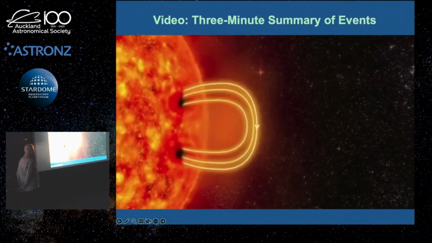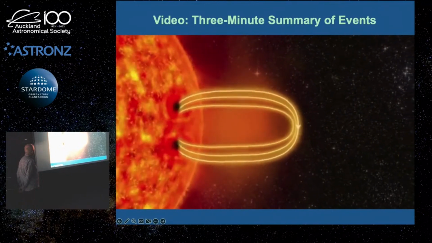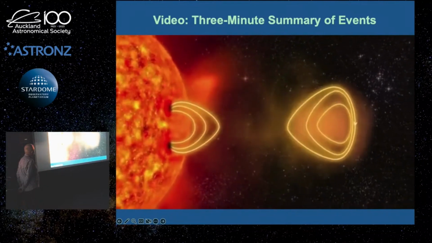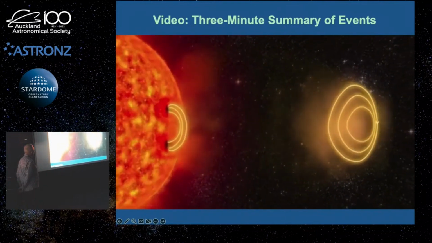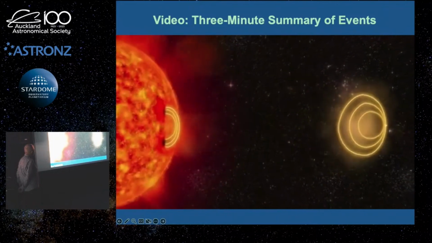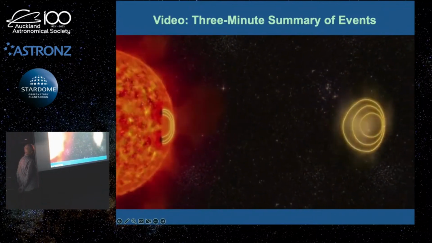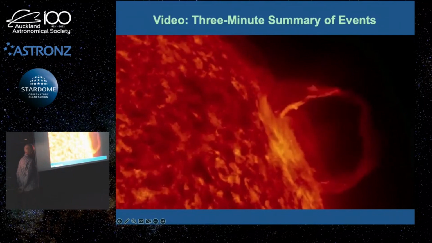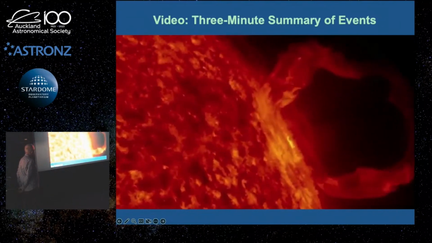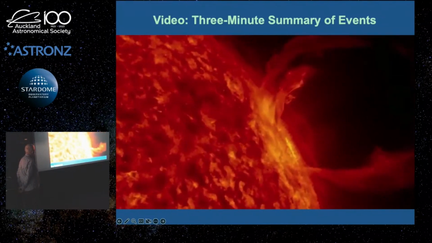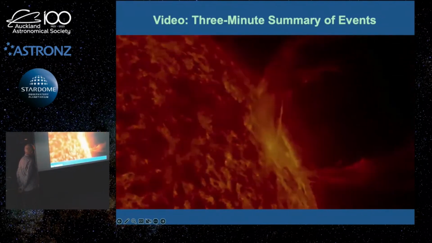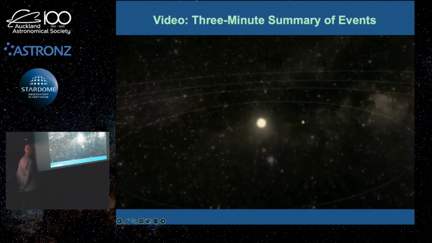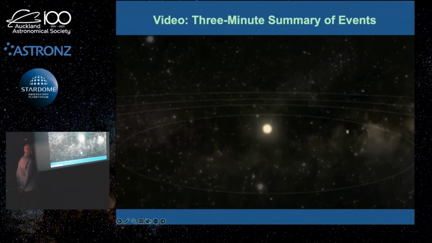The magnetic field stretches and twists like a rubber band, and then the rubber band breaks. Several billion tons of plasma is hurled out from the sun. This is called a solar storm. The solar storm can reach speeds over 8 million kilometers an hour.